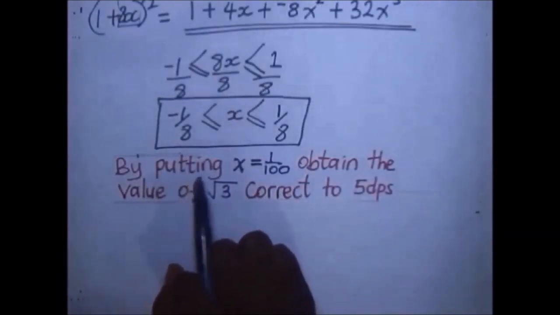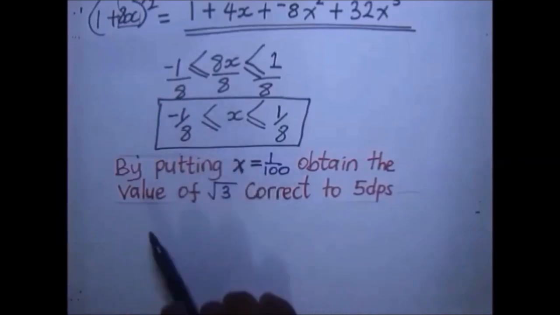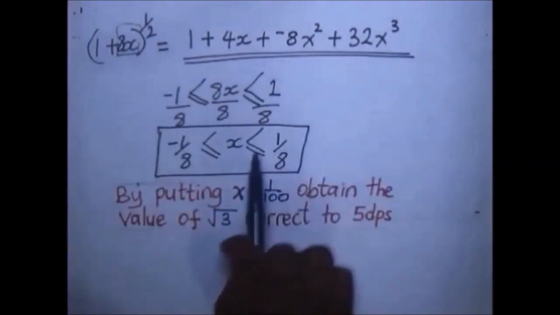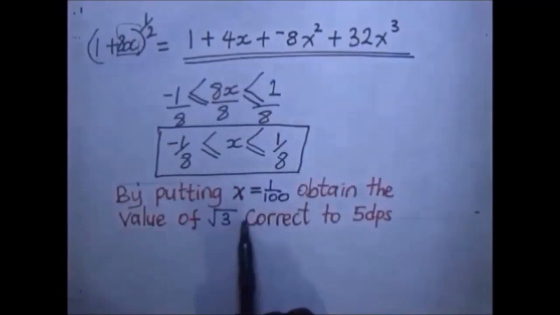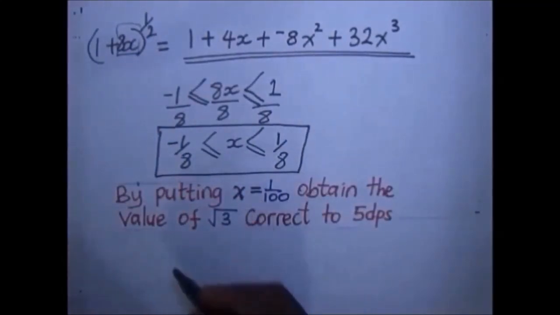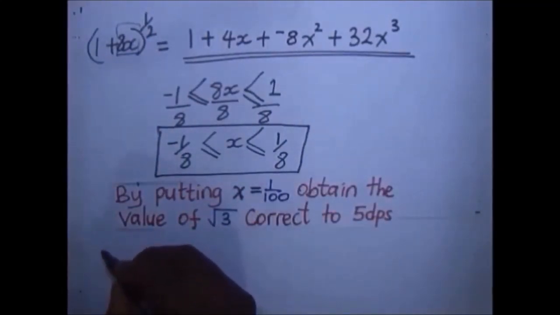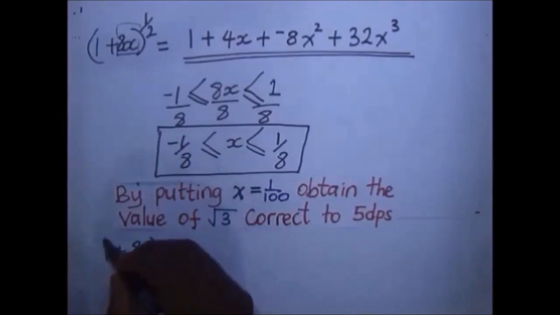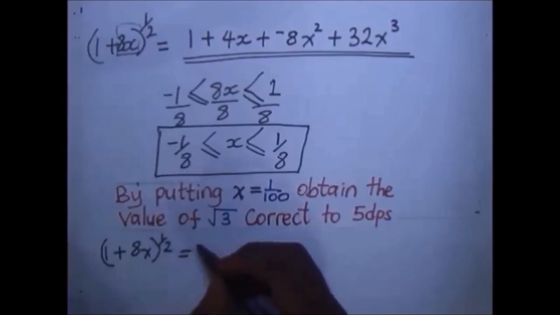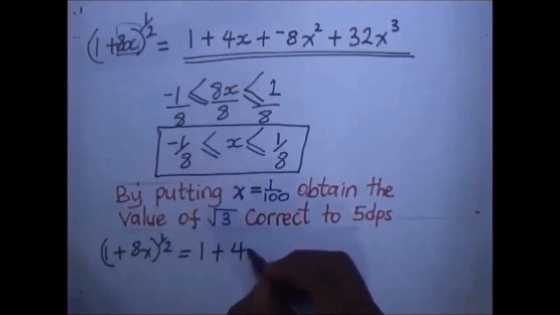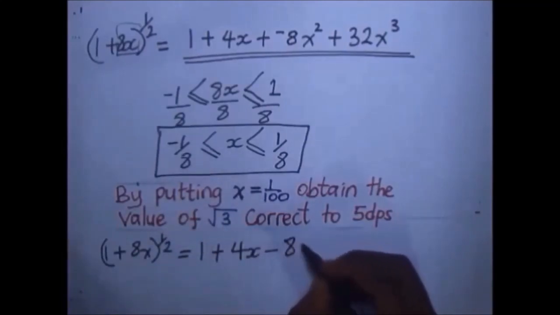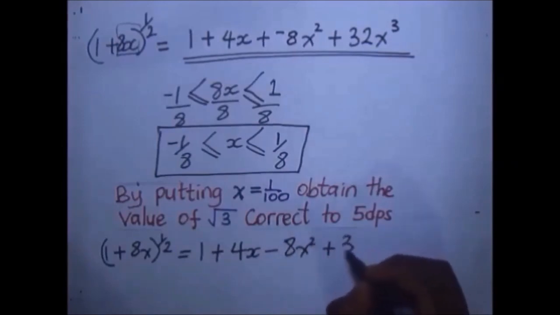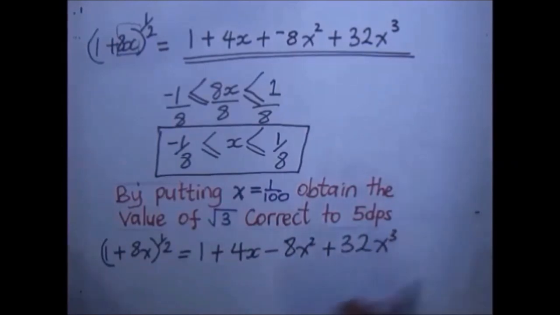And now this is a continuation of that question. They're telling us that by putting x as 1 over 100, we've already gotten the expression for this binomial, and it's that. First of all, the expression is 1 plus 4x minus 8x squared plus 32x to the power 3.